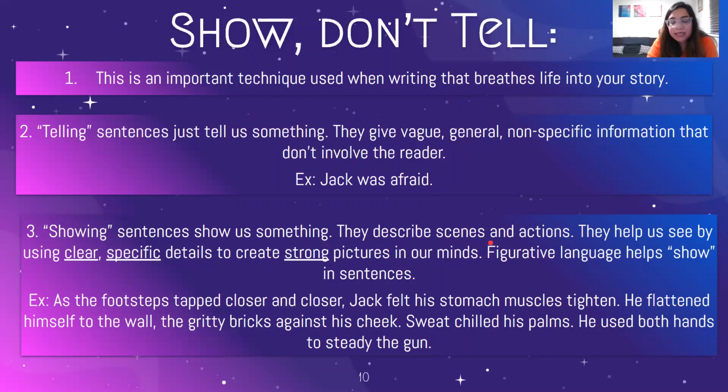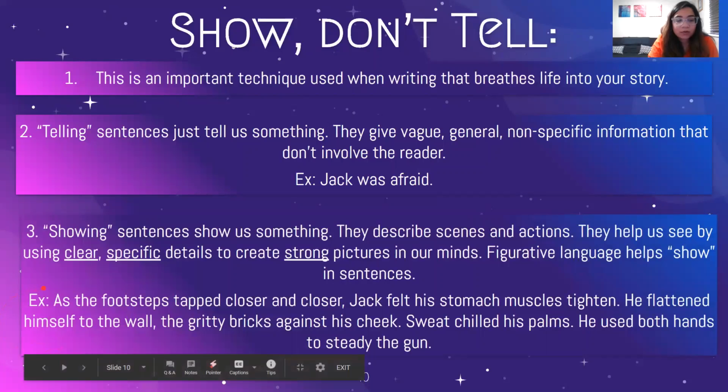They describe scenes and they describe actions. They help us see by using clear, specific details to create strong pictures in our minds, right? And what else creates strong pictures in our minds? Figurative language. So figurative language helps show in sentences. So instead of saying Jack was afraid, now our example has turned into a showing example, right?